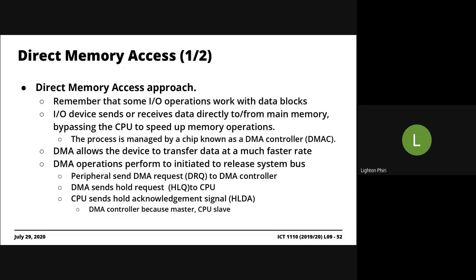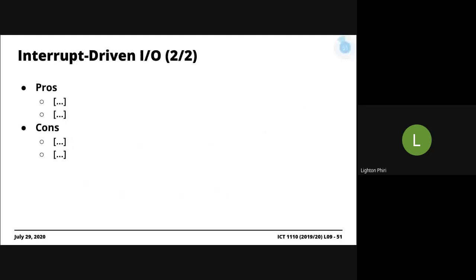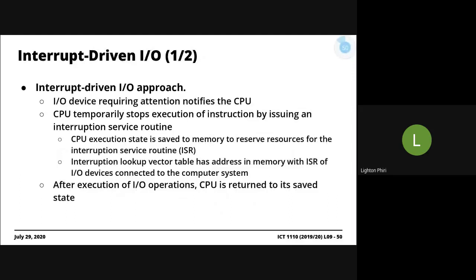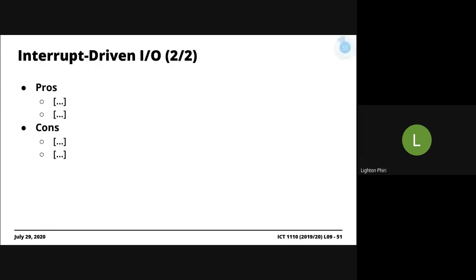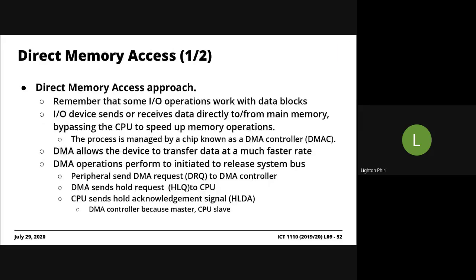Anyway, so rather than have the interaction happen between the I/O device and the CPU, if you compare it to interrupt-driven I/O and polling, in this case you have a separate component, a microchip called the direct memory access controller.